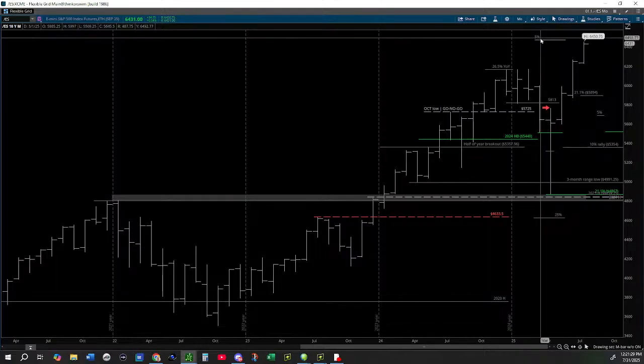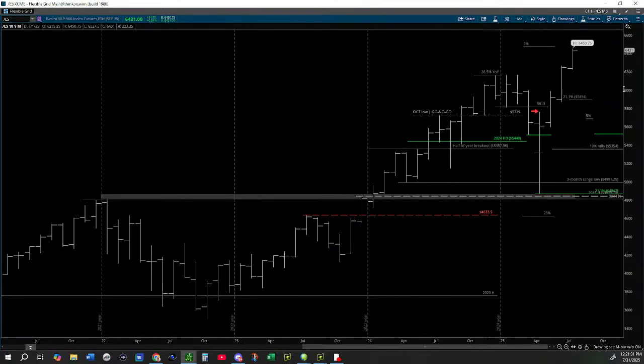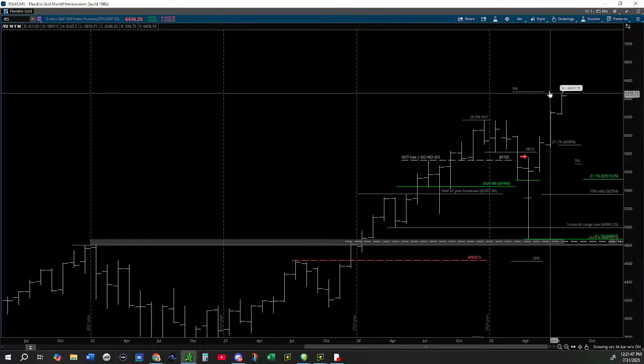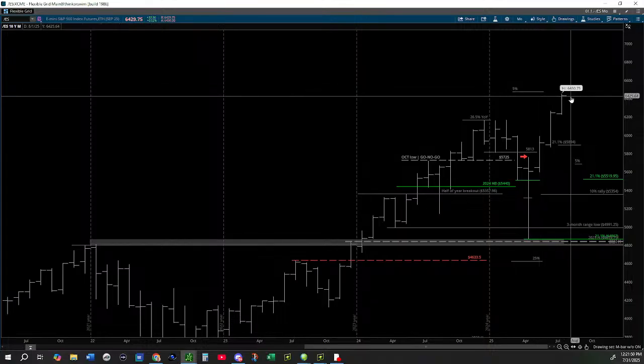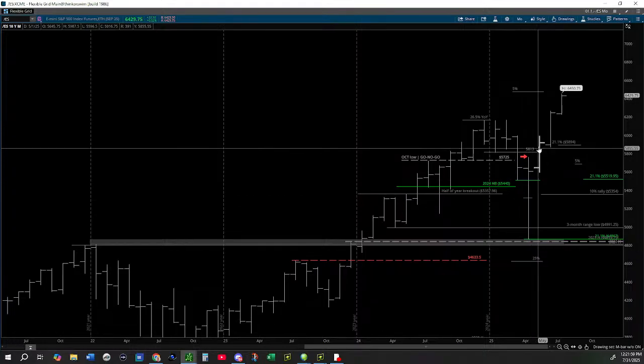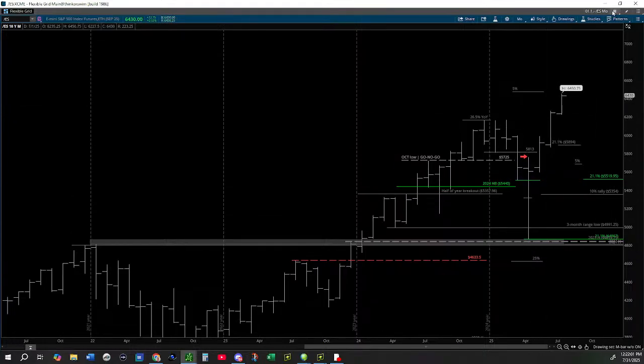I have put this 5% mark here, which is kind of like an average return for the S&P, like 5-7% a year, which is not a bad return. And a pullback of 5% will be down to here, which is also normal.